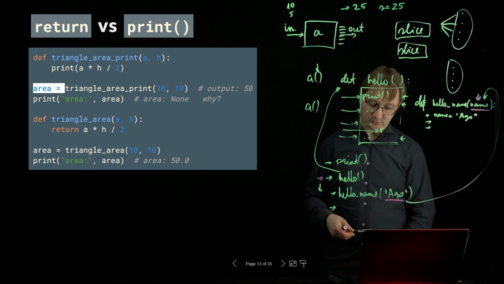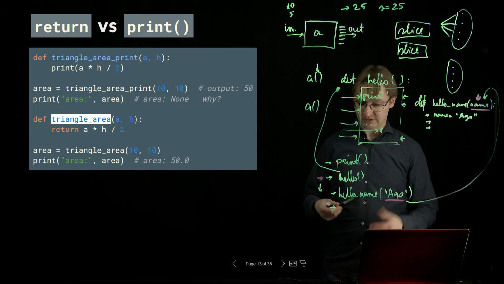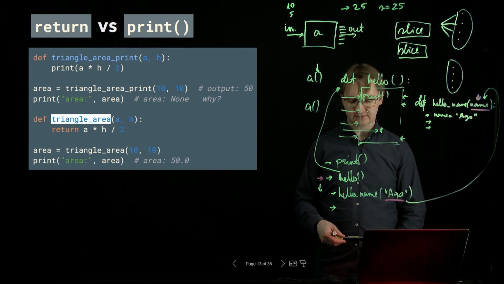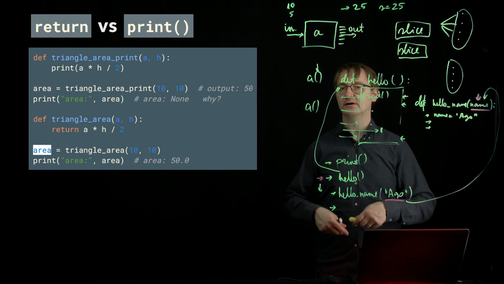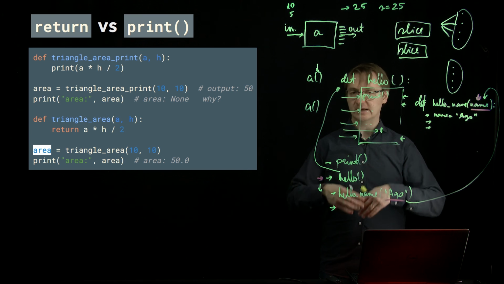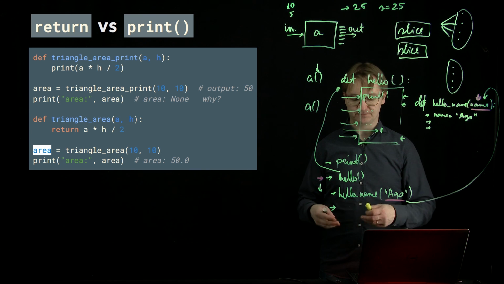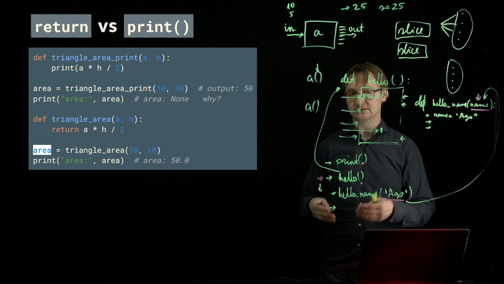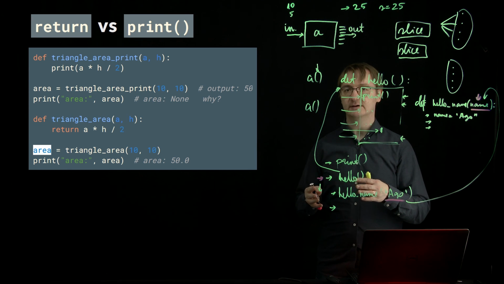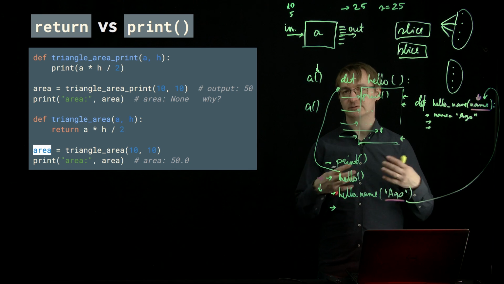Instead, if I use the correct way to return a value using the return statement, I can get the result into this variable, and now I can use this value inside my code. I can print it out, I can calculate additional things with this variable and so on. So we use print only to get some feedback for ourselves.